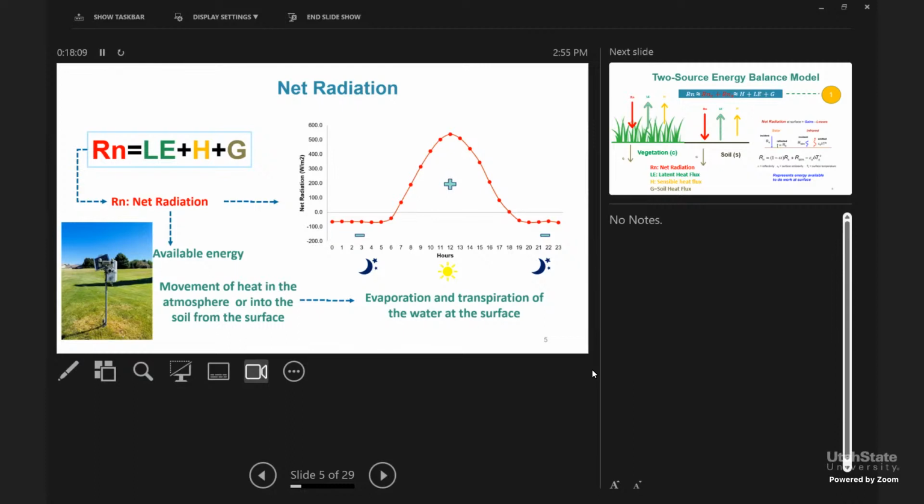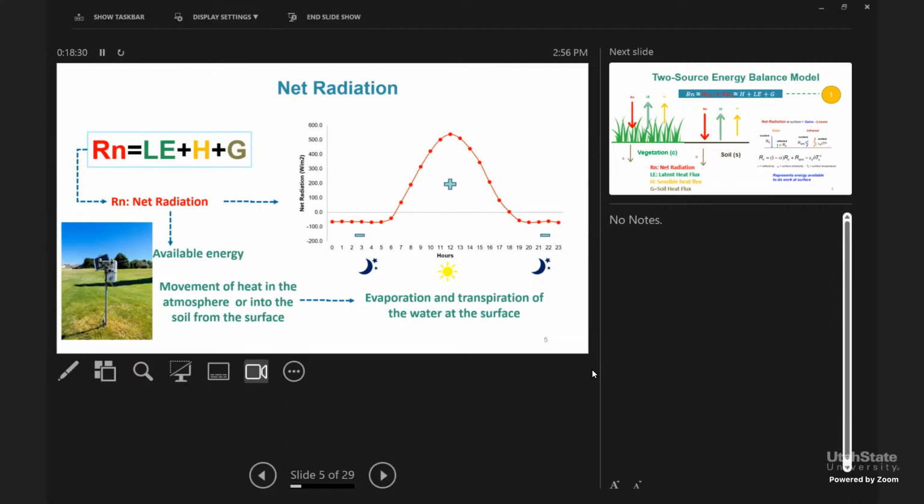But that's an instant value. When you fly a drone flight, it doesn't take more than 30 minutes. It's very fast. So basically we're having only one value here. But what we need to estimate is how much energy, how much water was lost during a whole day, right? So we can compensate that.